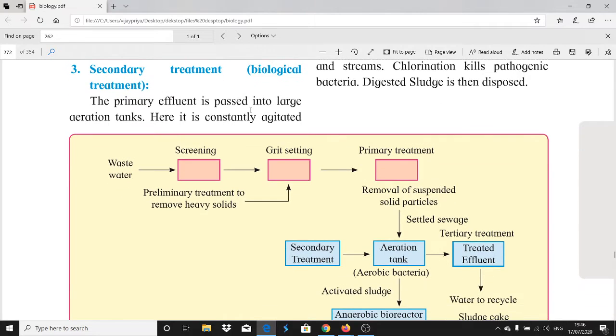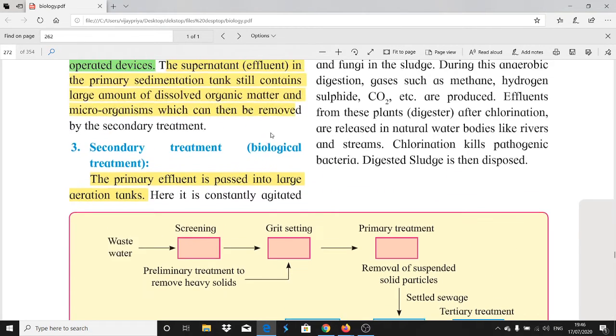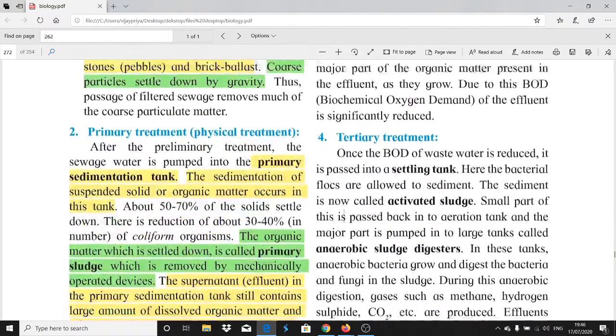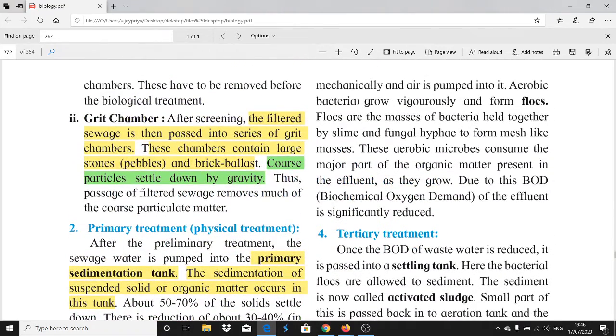The primary effluent is passed into a large aeration tank. So here, aeration tank, this term is important. Here it is constantly agitated, meaning continuous movement is done mechanically, artificially. Air is pumped into it. So continuous aeration is there, continuously air is getting pumped into it. That's why it is called the aeration tank.